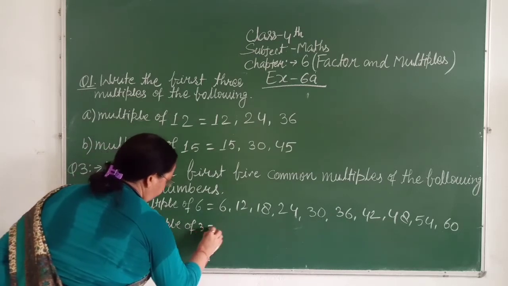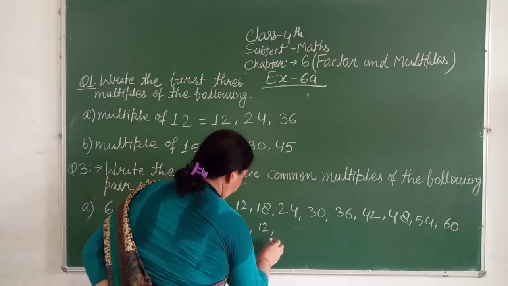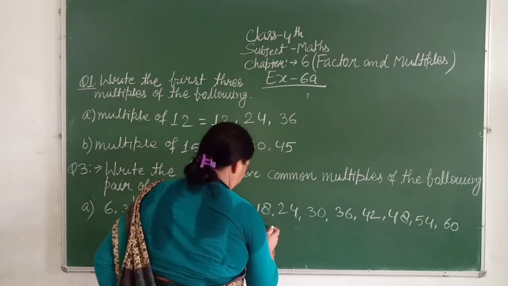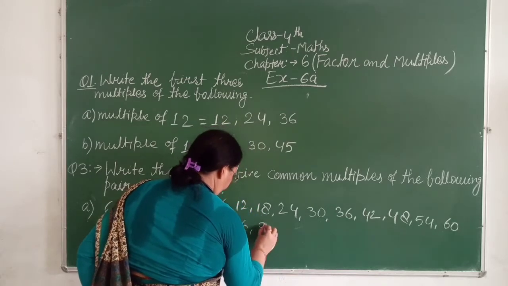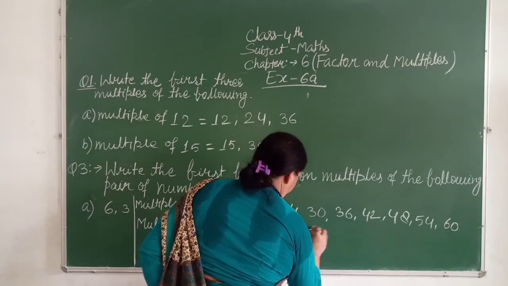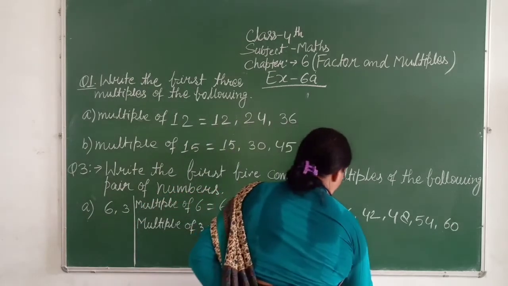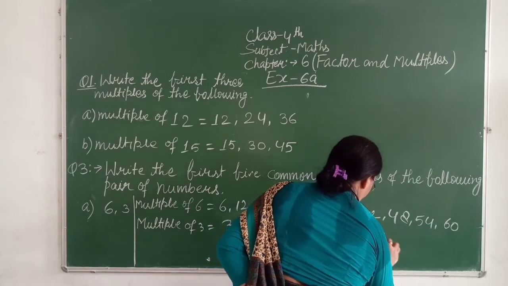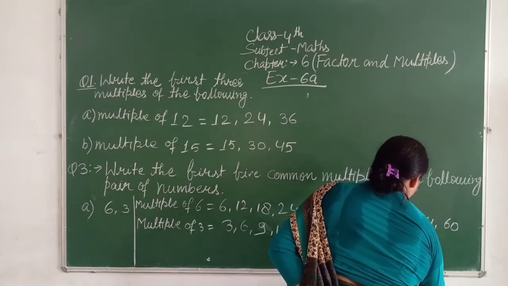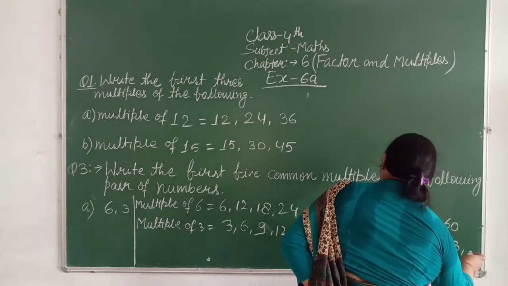Multiples of 3: 3 2s are 6, 12, 9, 12, 15, 18, 21, 24, 27, 30, 33, 36.